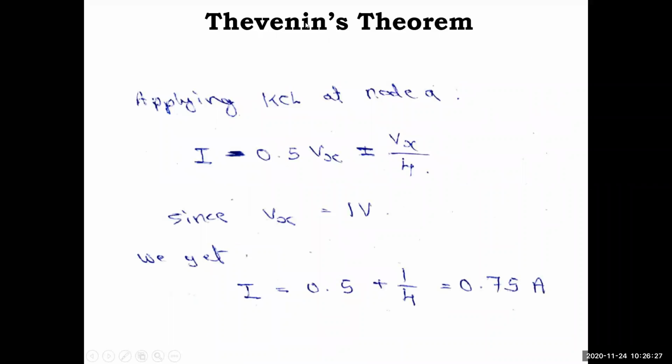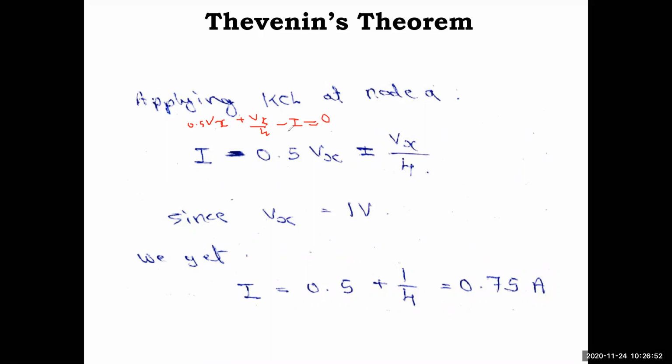Applying KCL at node A, I have considered Vx only. 1 by 2 Vx, I have named it as 0.5 Vx. I have rearranged it, so the same equation you can write: 0.5 Vx, or 1 by 2 Vx, then Vx by 4, current entering minus I is equal to 0.